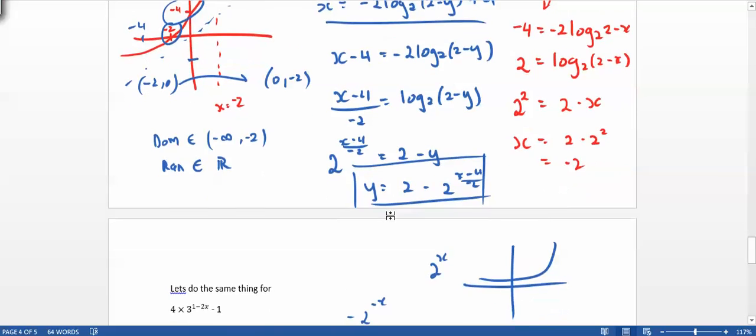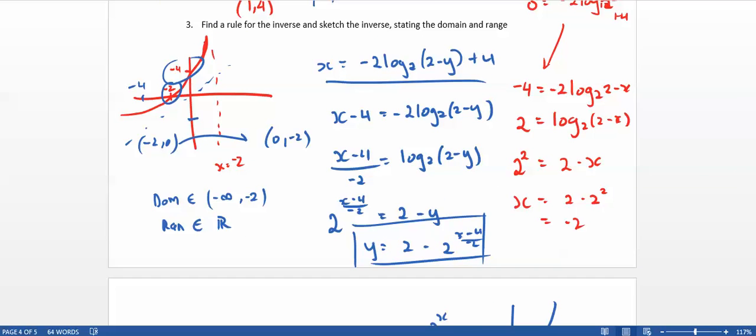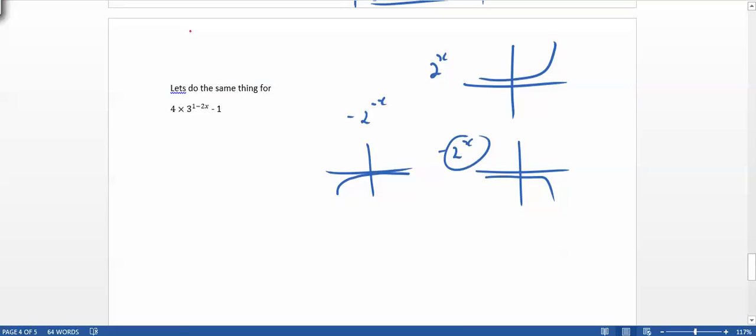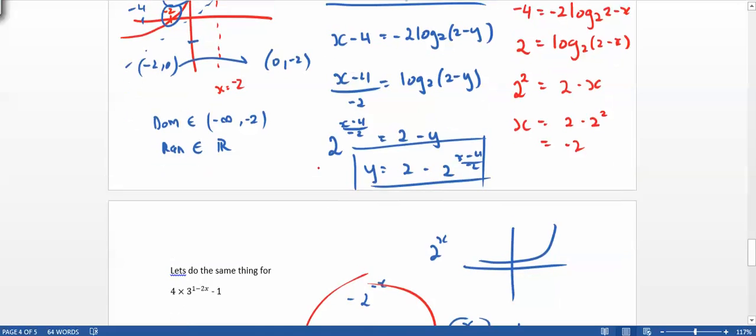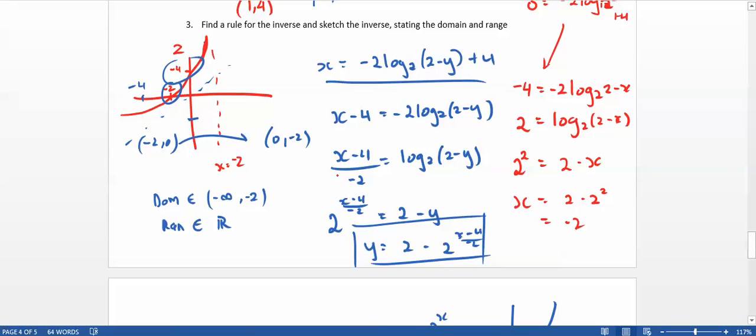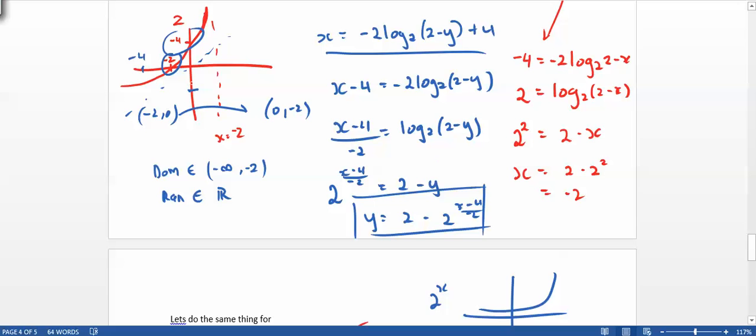So when we get over to here, just a quick thing, this point here was actually 2, y equals 2. So over here, we now have this shape, and our graph had that shape, but this point is actually 2.